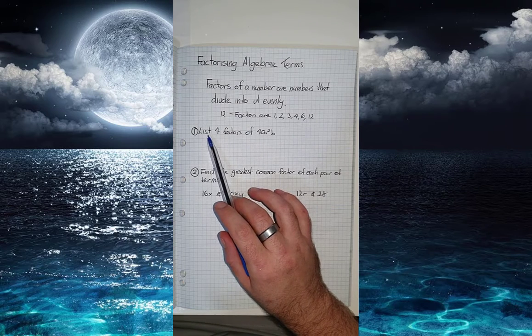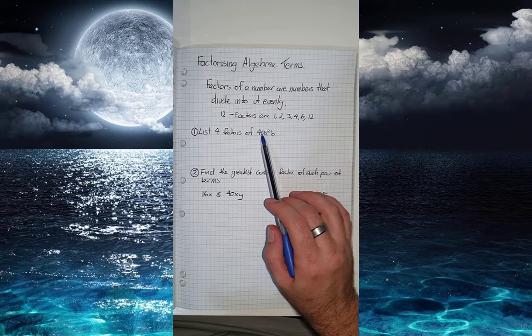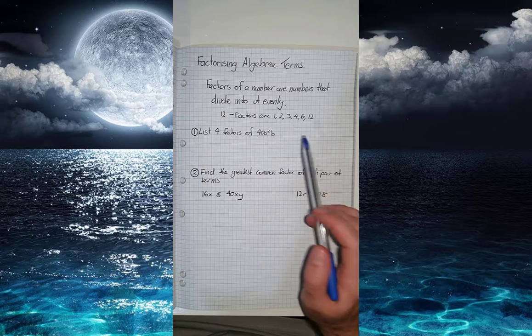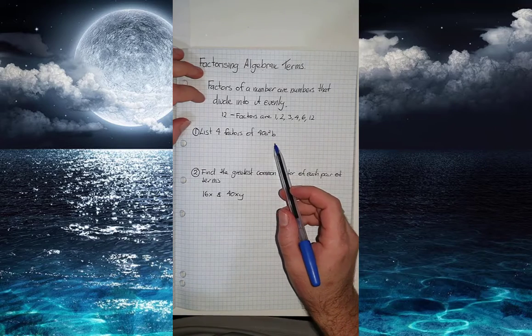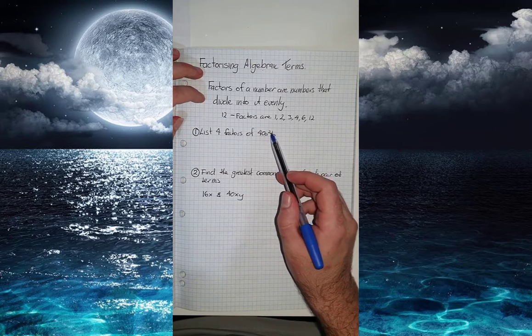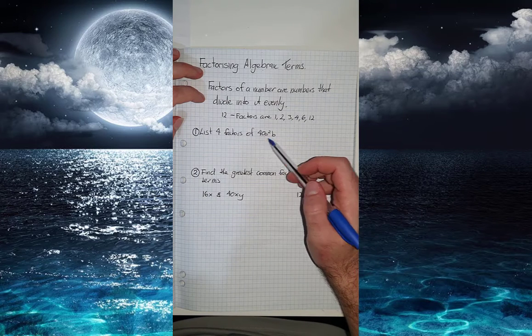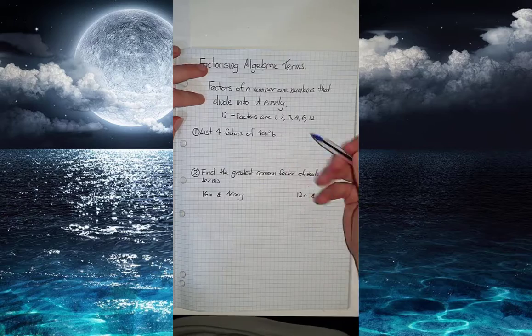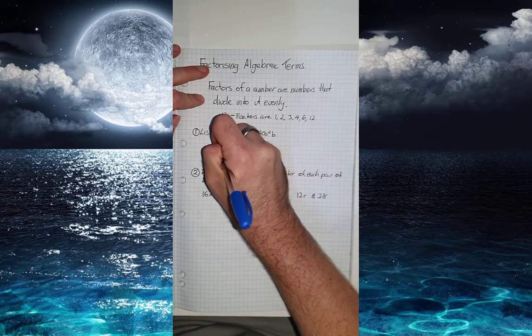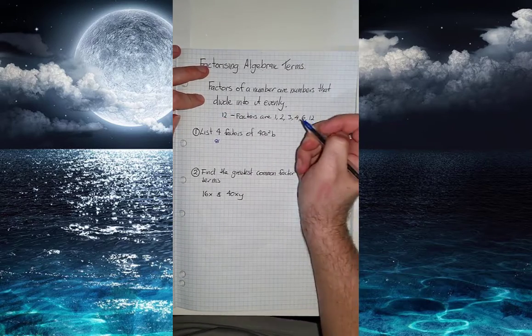So let's have a look at 4 factors of 40a squared b. What we're trying to find is basically what we can multiply together to get this. One of the first ones that comes to mind, we look at the 40 first.